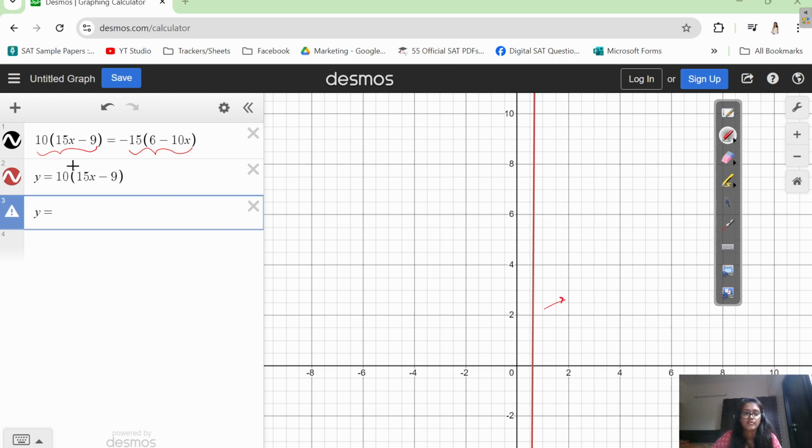The moment I paste the right expression, the blue graph coincides with the red graph. That shows that these two expressions are basically the same, they give you the same graph, and that's why this equation will have infinitely many solutions.